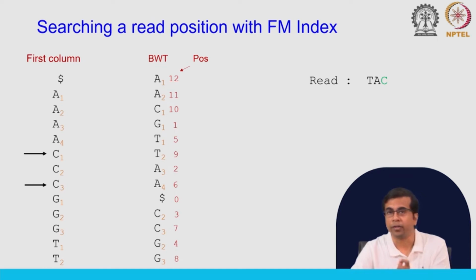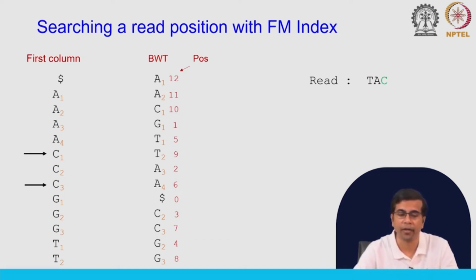Now we will remember the string rotation that we did to generate this Burrows-Wheeler transform, as we have discussed before. String rotation means the letters in the last column, corresponding to these letters, represent the letter that occurs before this letter in the original string.